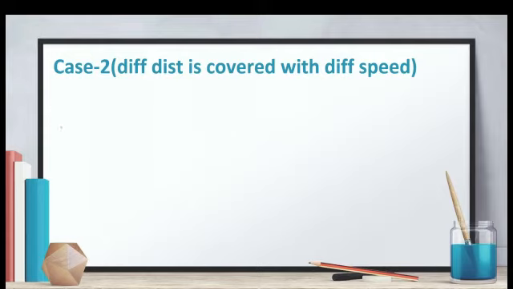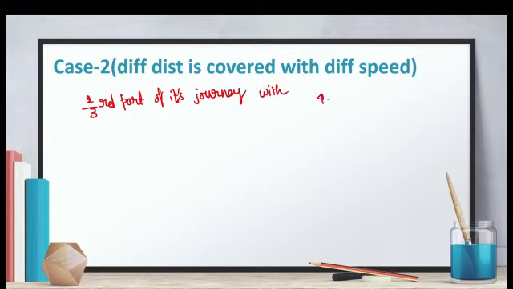Suppose a car is moving two-third part of its journey with 40 kilometer per hour, and the remaining part of his journey with 20 kilometer per hour. Then what is his average speed?